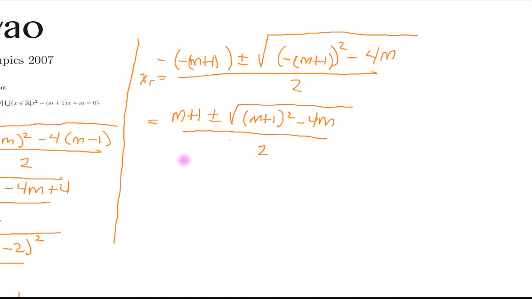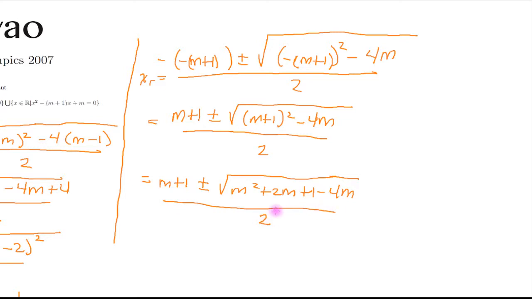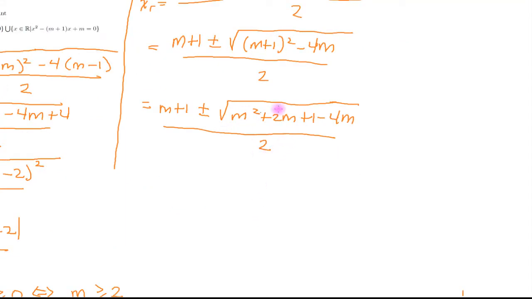And now let's expand that square. So we have m plus 1 plus or minus square root m squared plus 2m plus 1 minus 4m. Everything divided by 2. Okay? And now let's simplify inside the square root. m squared, 2m minus 4m is negative 2m, plus 1. Okay?